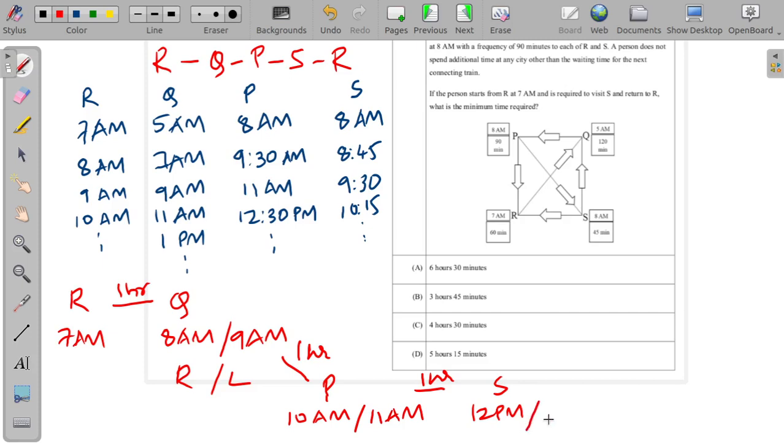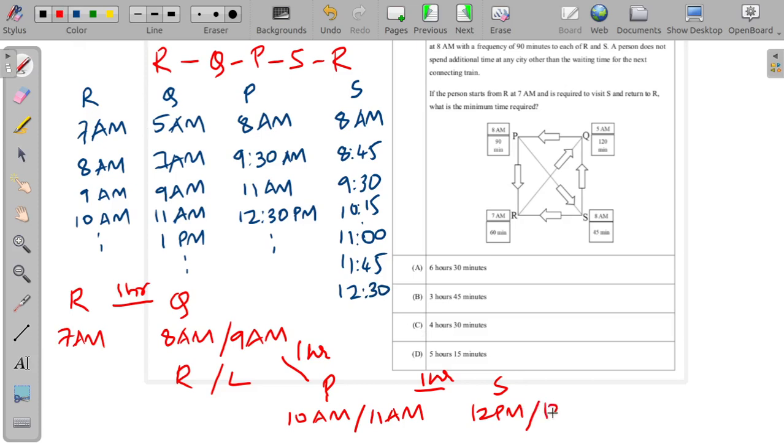Then I'll be leaving at, okay, I'll have to write a few more over here. 10:15 and adding another 45, I'll be getting 11, 11:45 and 12:30. Fine.